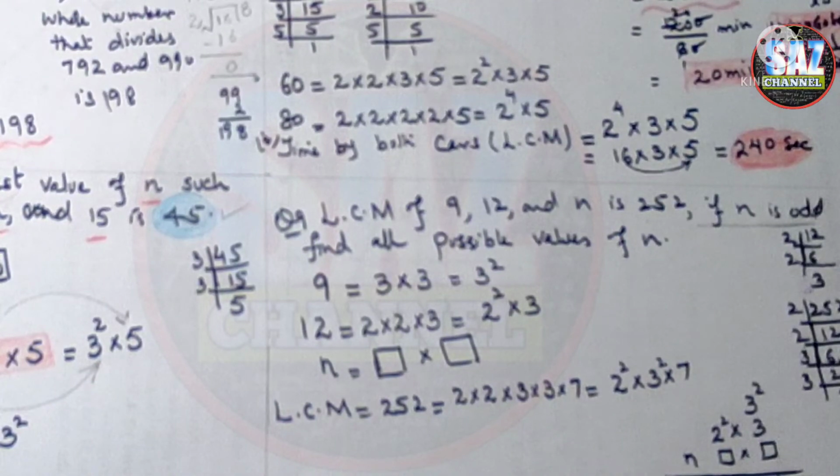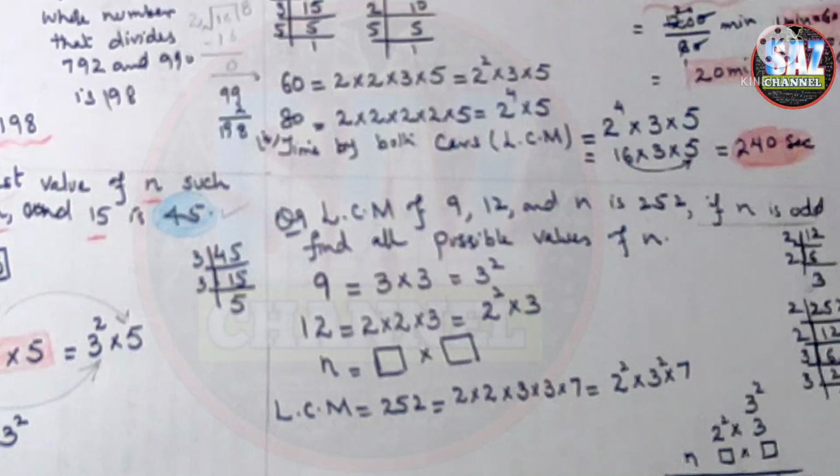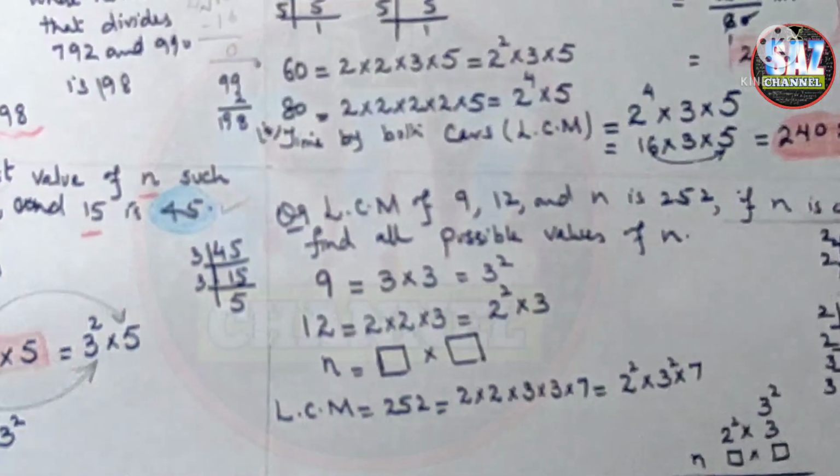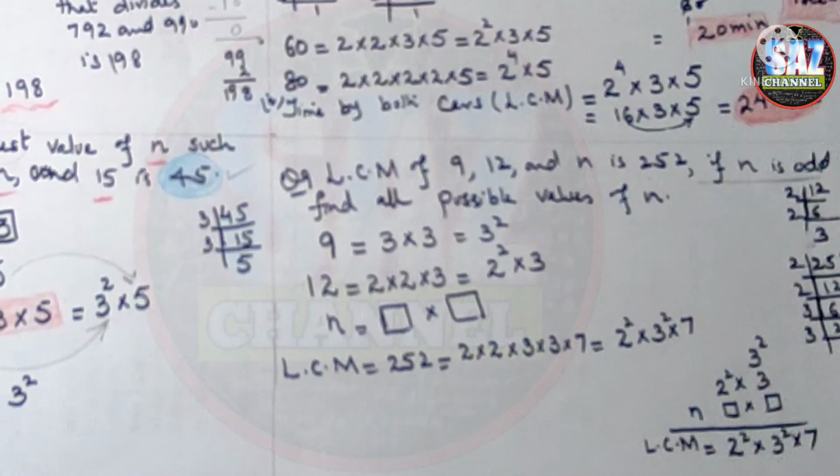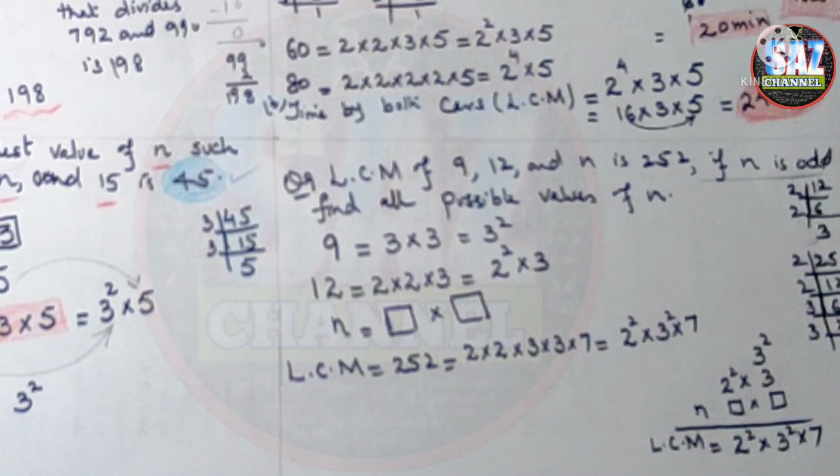Now let's talk about the possibilities. Okay, students, the question says that we have to find the possible values of n, but n has to be a prime number.